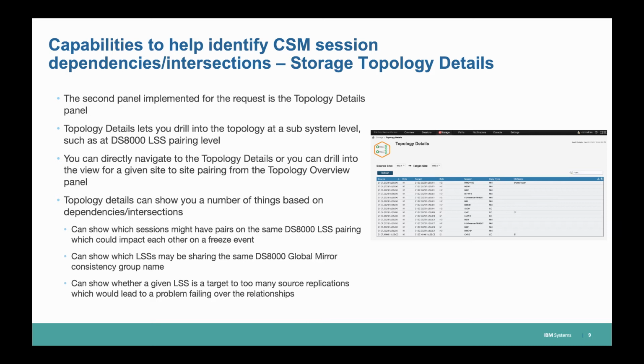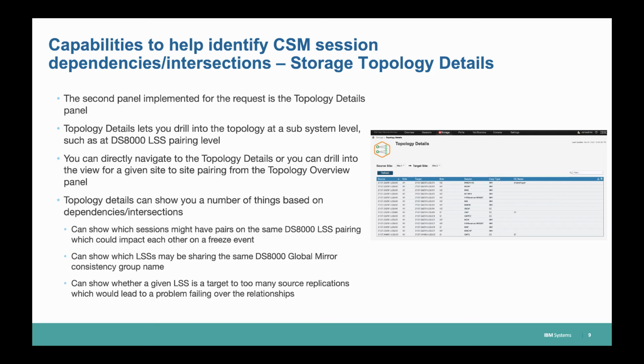What kind of things can you see from this? You can see what sessions might have the same pairs on the same LSS. So you might have sessions sharing the same LSS, as we talked about before. You can see that global mirror consistency group when we're sharing those global mirrors.